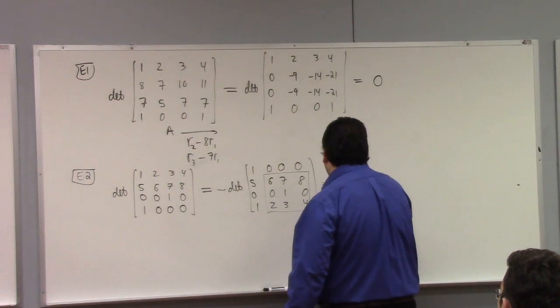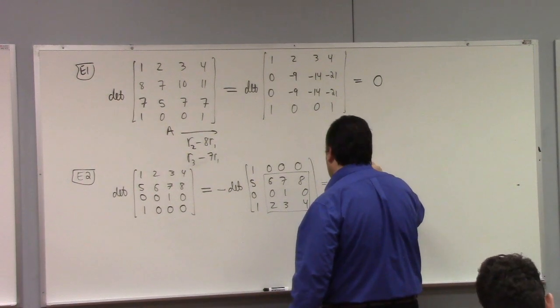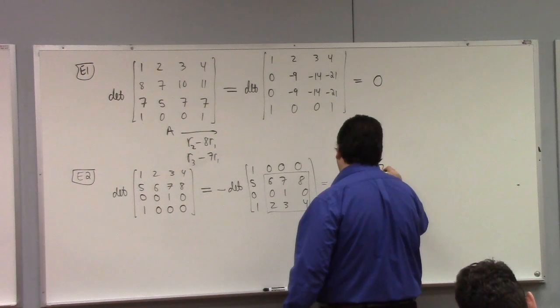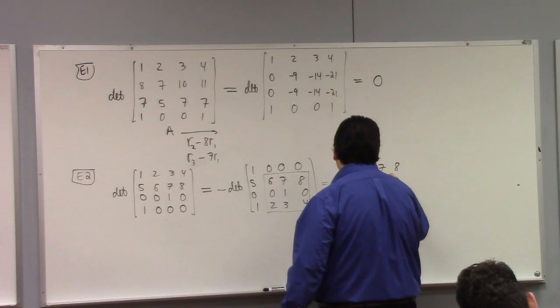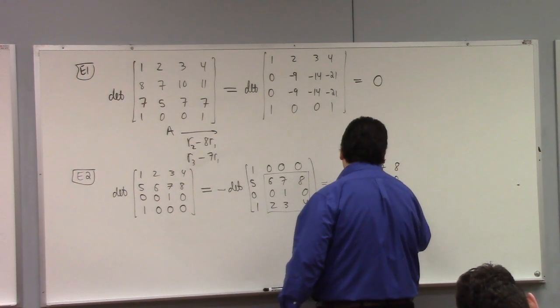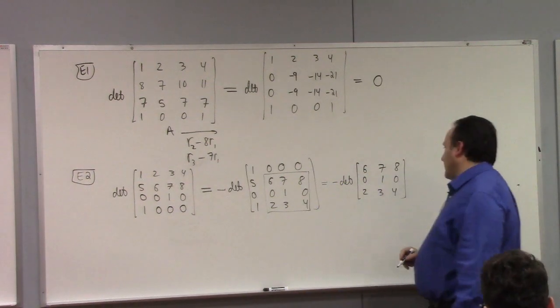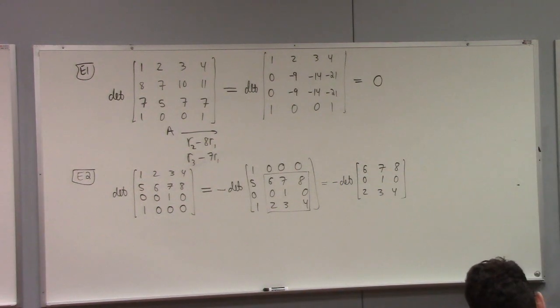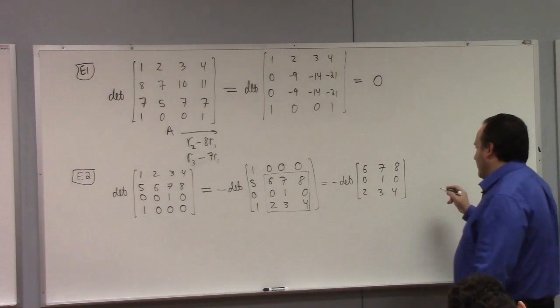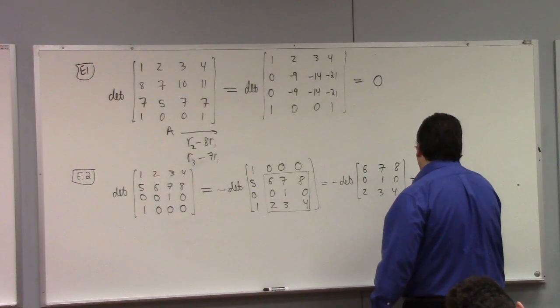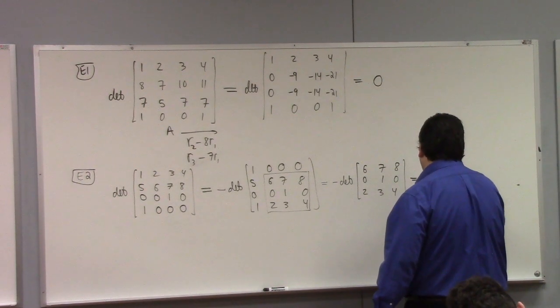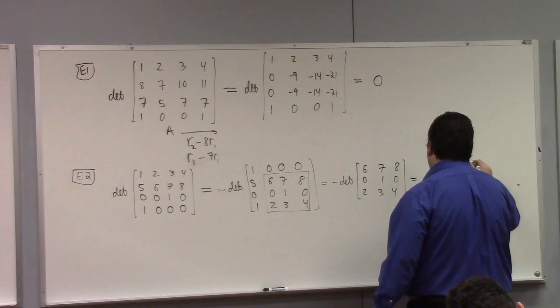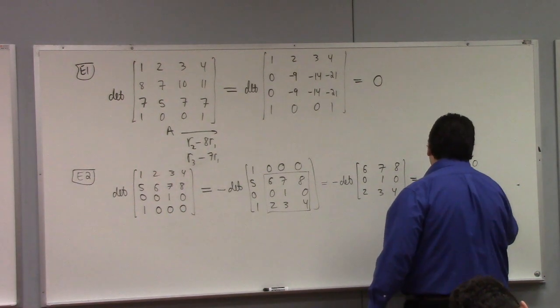And so this is equal to minus the determinant of 6, 7, 8, 0, 1, 0, 2, 3, 4. Right? And then let me use the antisymmetry again. That's equal to minus a minus, which is plus the determinant of 0, 1, 0, 6, 7, 8, 2, 3, 4.